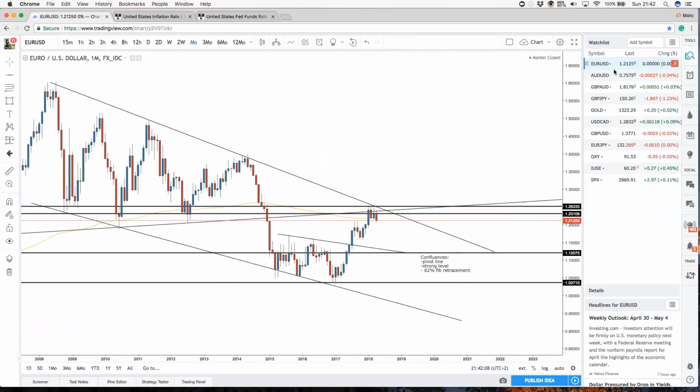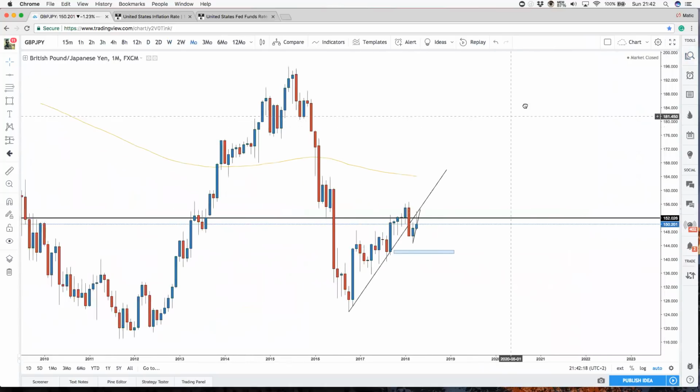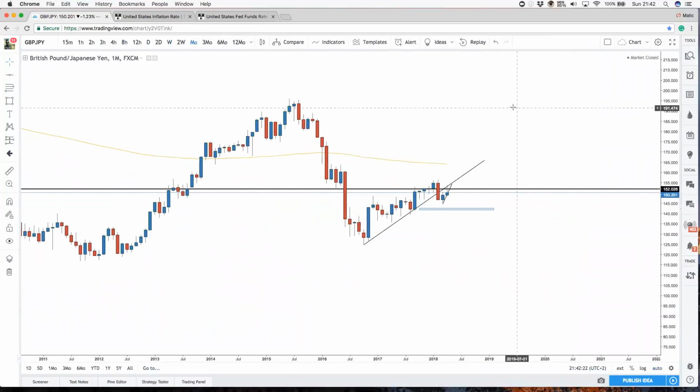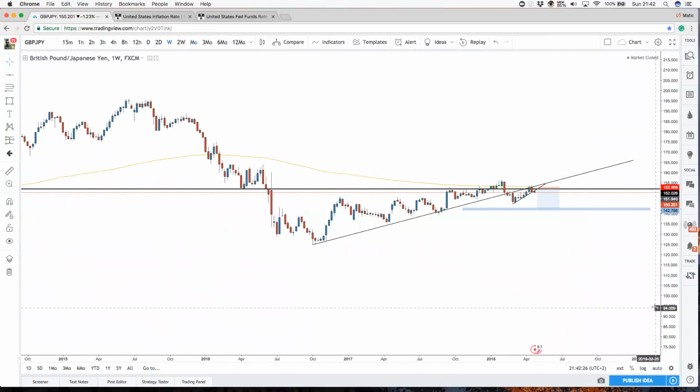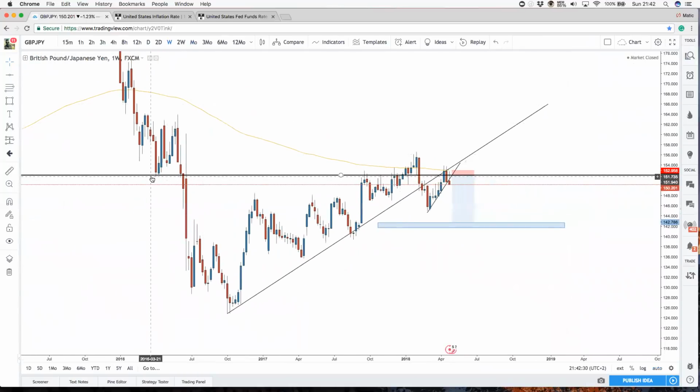Next pair I want to show you is, I believe, GJ. One second. Yes, GJ. Here we also have something quite interesting. As explained earlier, the horizontal line is a very strong key level.